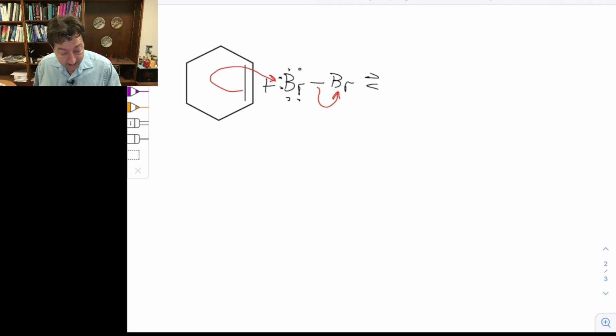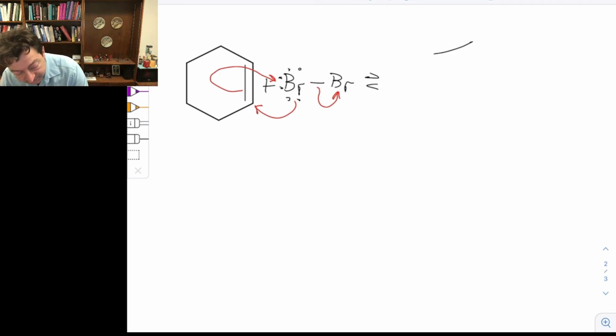But what we think happens as well, and of course we've got some evidence for this in this outcome of this particular reaction, is that the two electrons that are on that bromine also attack one of the carbons of that double bond to sort of satisfy the positive charge. And so we wind up with an intermediate that looks like this.